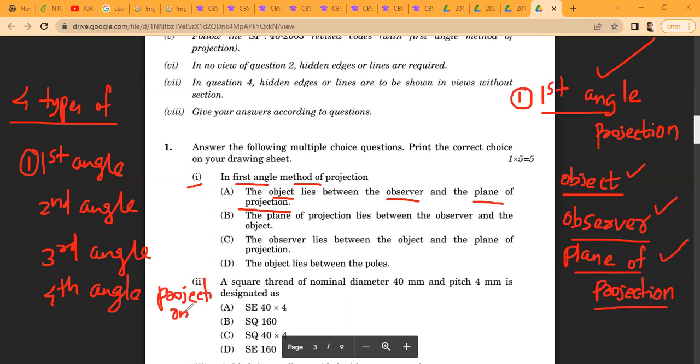So I will explain these four types of projections with the help of quadrants. So I will open the quadrant.